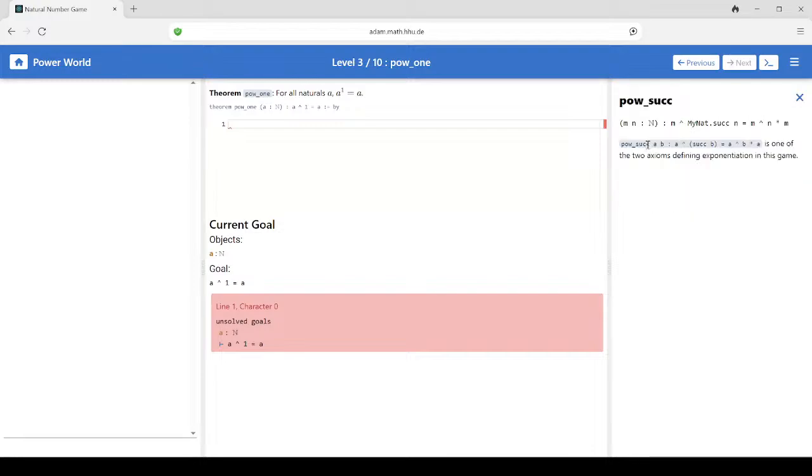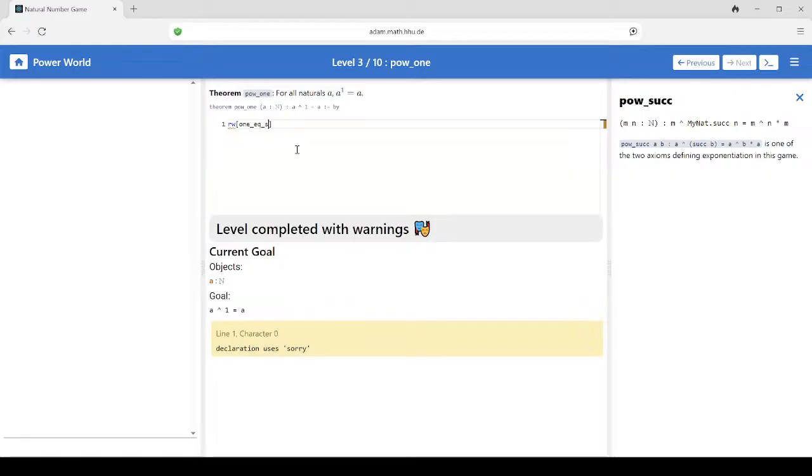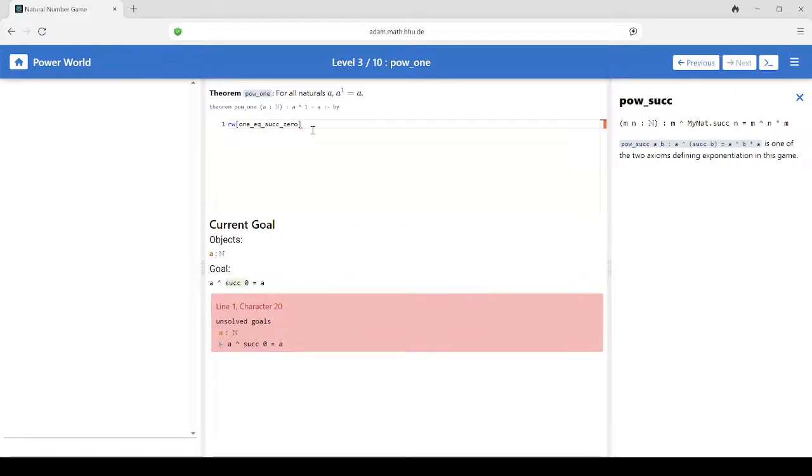It would be... We can turn 1 into a successor, and then we should be able to use this. 1 equals successor of 0. And then we should be able to use Pao successor. And now we have a to the power of 0 times a.